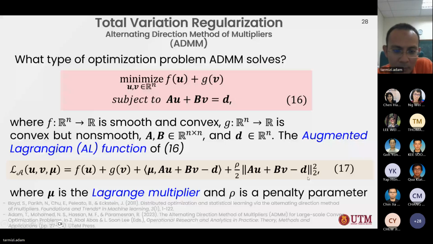Over here you have the Lagrange multiplier, and rho is the penalty parameter for the constraint.